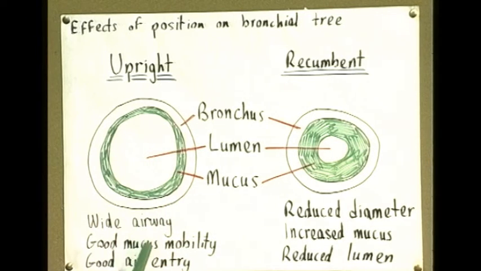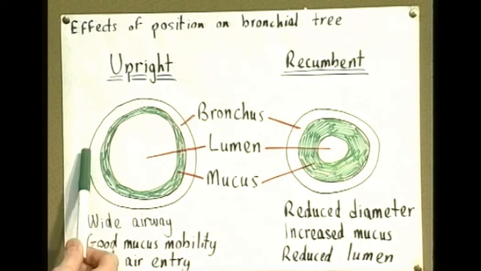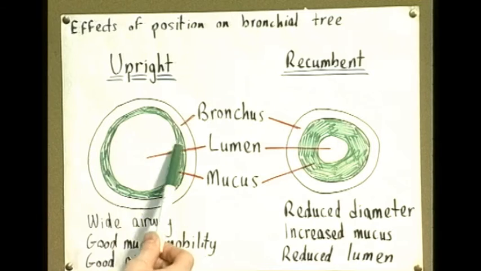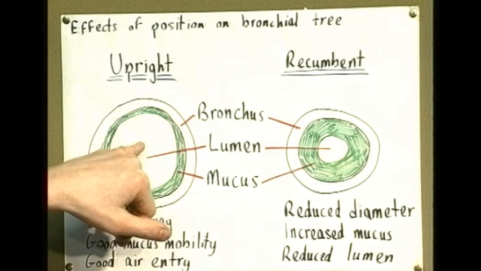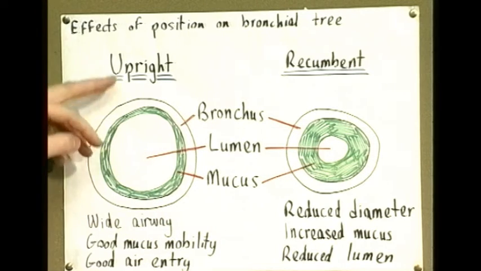So the combination of when the patient's upright, the airway being wider, more dilated, the mucus layer being thinner with good mobility, means you get a lot of air in and out of the lung. So in the upright position we get a wide airway, good mucus mobility, good air entry. So clearly this is desirable both in terms of the air size and getting the mucus wafted away that the patient is upright.